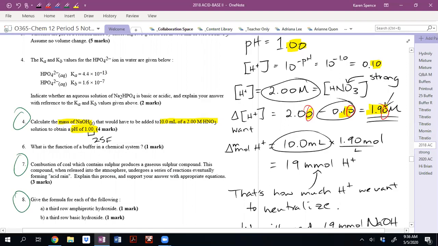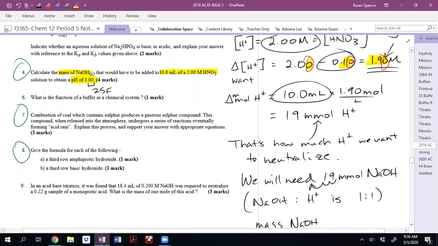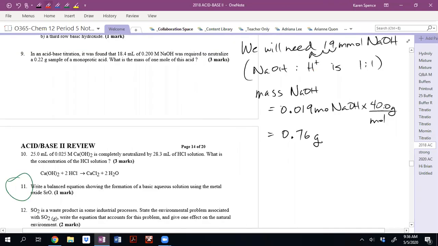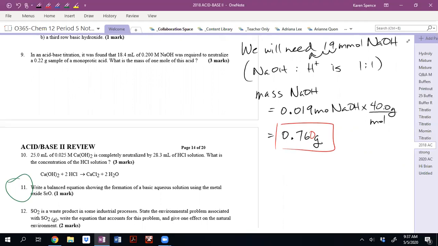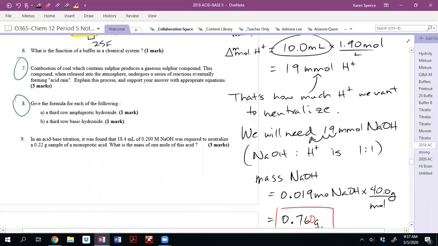So I believe we should have 3 sig figs in our answer. So 0.760. There we go. How do we feel about that? Is good?